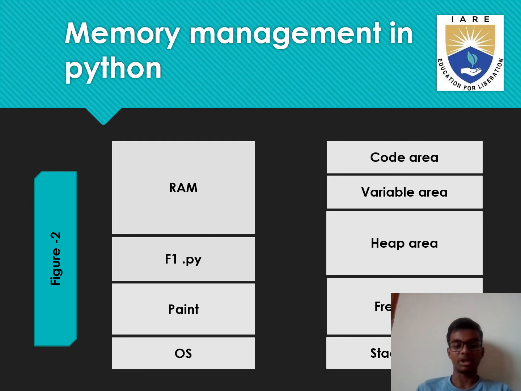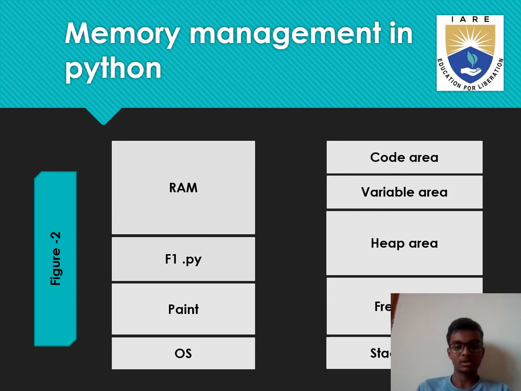Work of heap memory: the memory is allocated during the execution of instructions written by the program. Note that the name heap has nothing to do with the heap data structure. It is called heap because it is a pile of memory space available to programmers to allocate and deallocate.